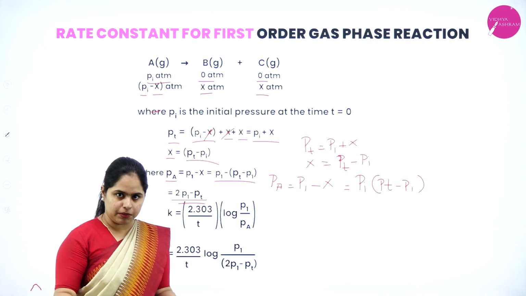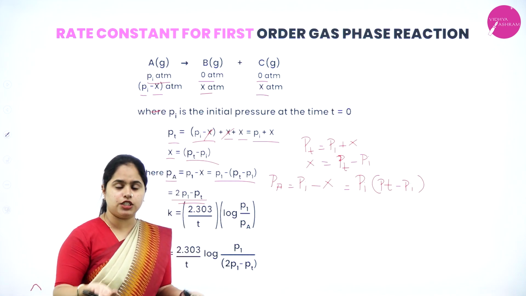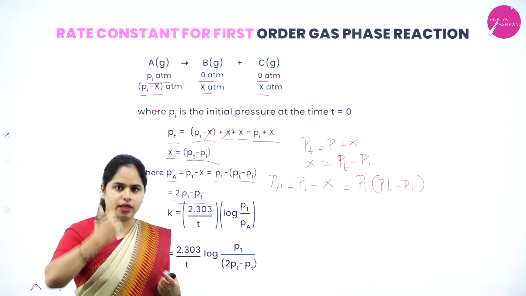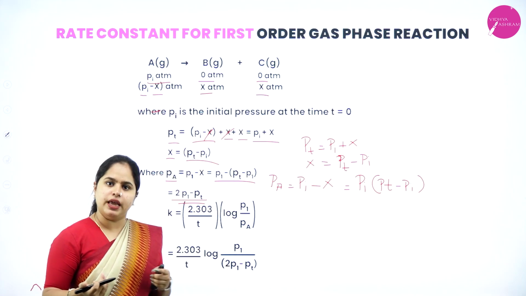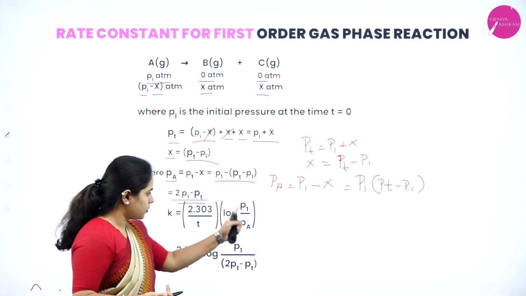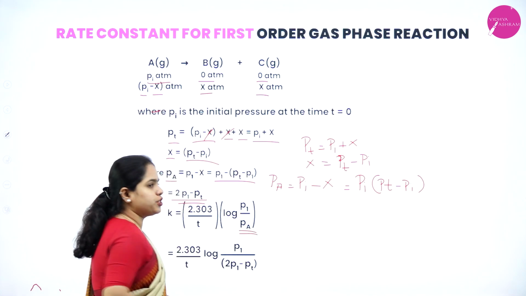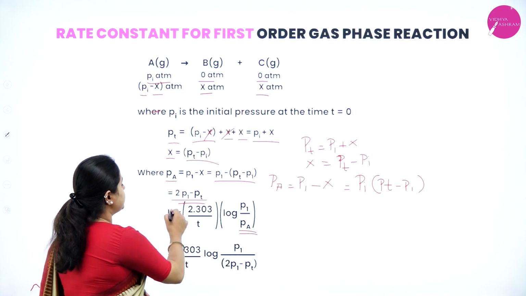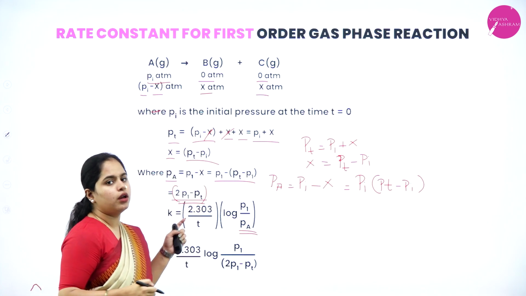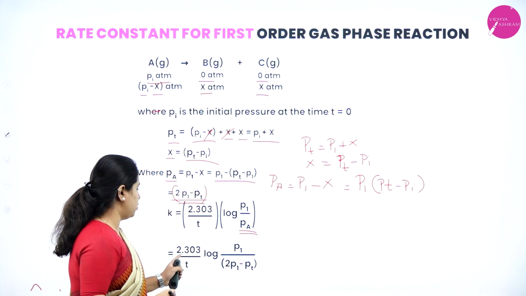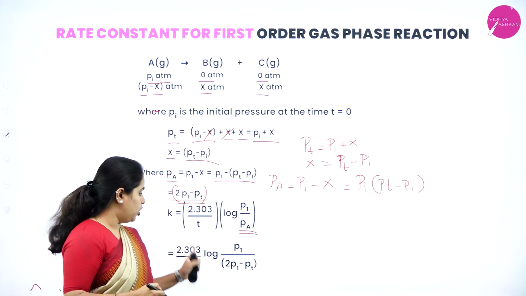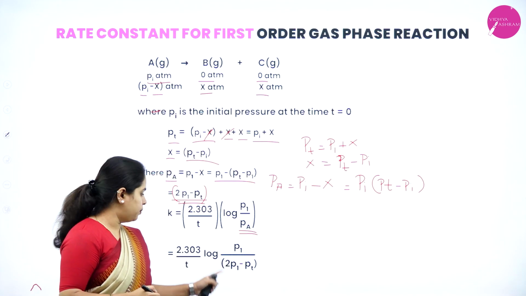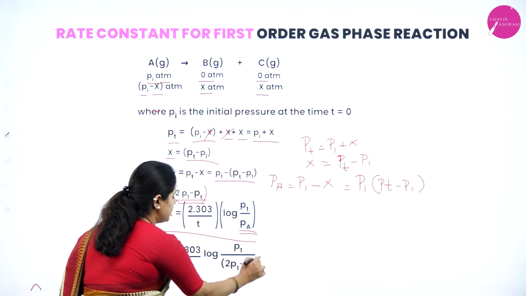PA is at time t and Pi is at initial concentration, like R0 and R, it will be Pi and PA. Now we are going to substitute the PA value in here. PA we just calculated, it is 2Pi minus Pt. So k will be equal to 2.303 by t log Pi divided by (2Pi minus Pt).